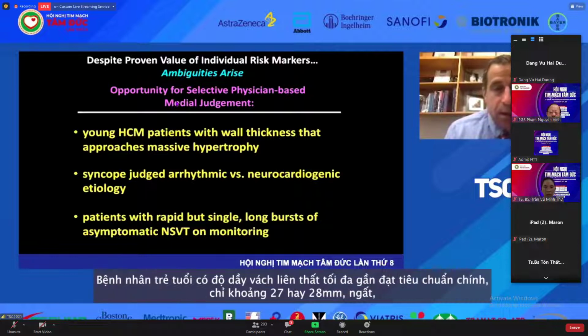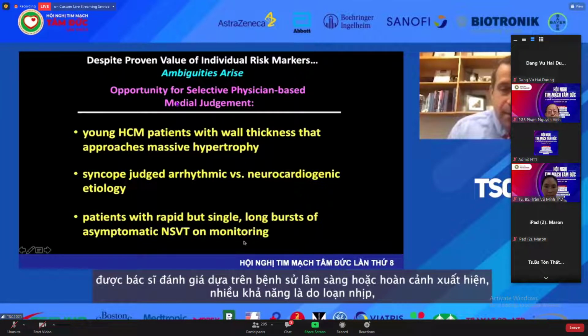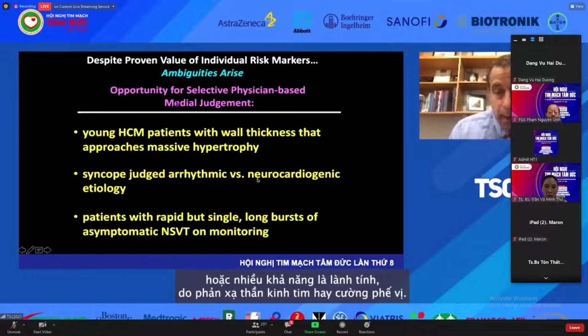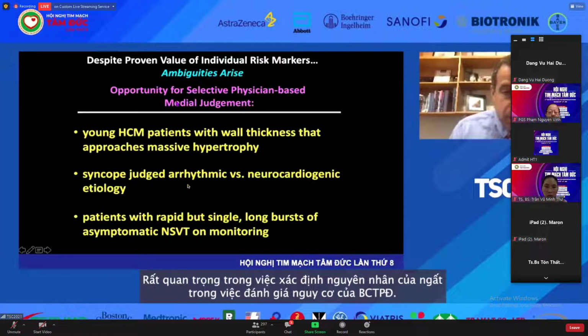For example, a young HCM patient with a maximal wall thickness that approaches massive left ventricular hypertrophy, so 28, 27 millimeters. Syncope, judged by the physician, based on the clinical history and the circumstances, to be more likely arrhythmogenic or more likely benign, neurocardiogenic or vasovagal. Very important in determining the significance of syncope in terms of risk in HCM.